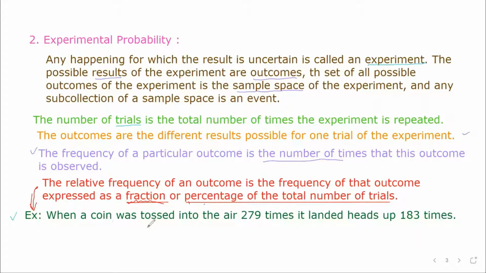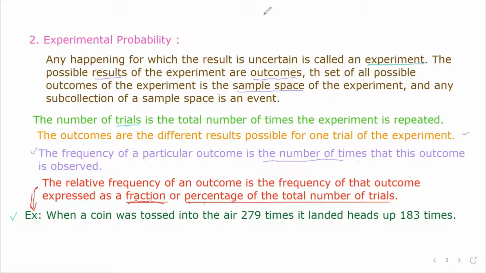For example, when a coin was tossed into the air 279 times, it landed heads up 183 times. So what is the relative frequency of this outcome? That's going to be equal to the experimental probability, the same meaning, right? The outcomes are the different results possible of one trial of the experiment. The frequency of a particular outcome is the number of times that this outcome is observed.